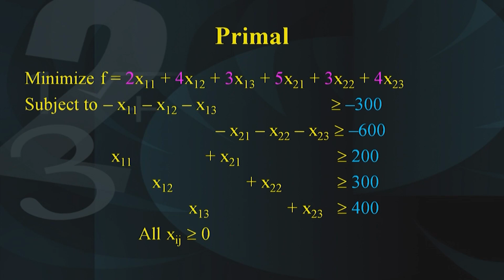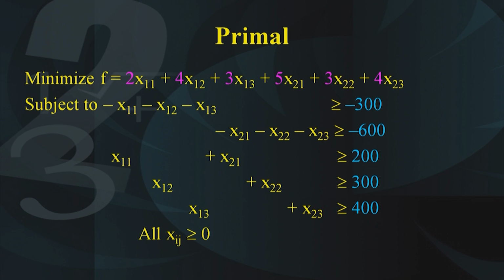Now, if you look at this form of the problem, we find that the objective function is as it is, minimization of f equal to 2x11 etc. There is no change in this. The change that has occurred is in the constraints, that is the inequality sign. All the constraints have now been converted into greater than or equal to type.